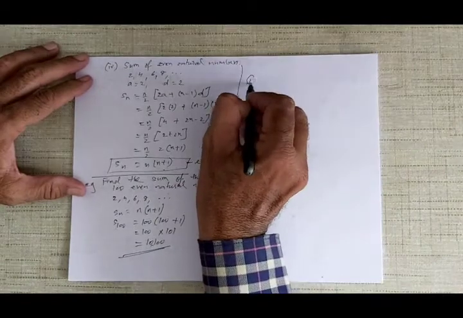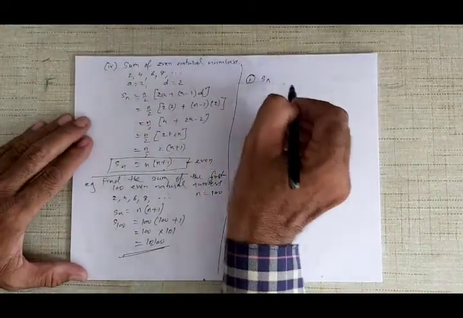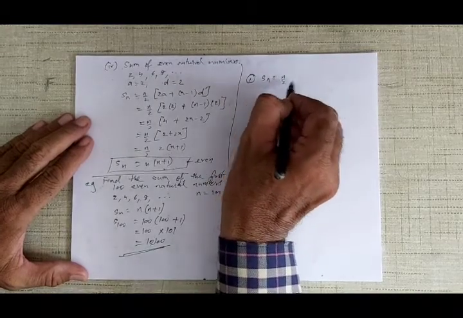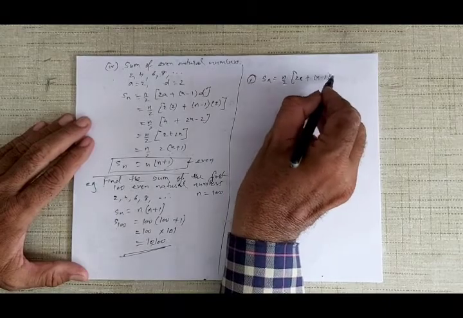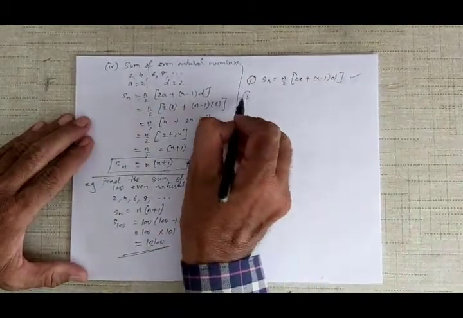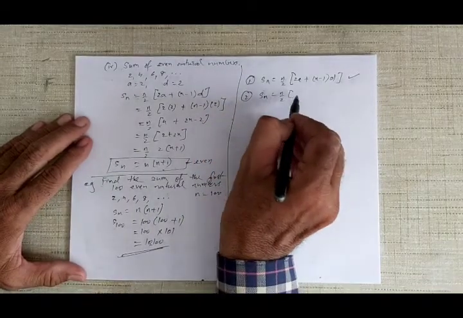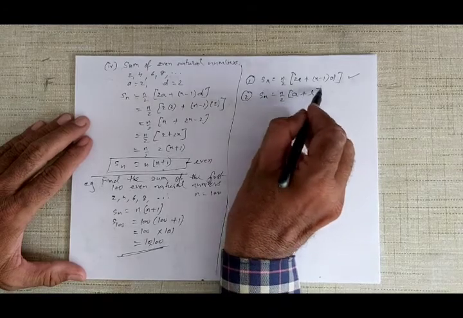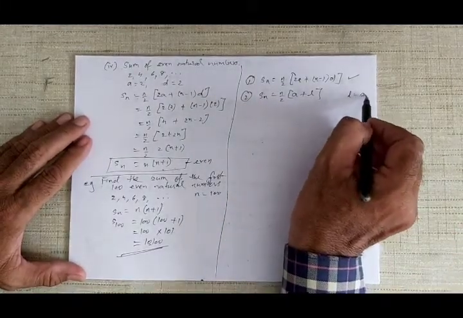See, the first formula for the sum of an AP: S of n is equal to n by 2 into bracket 2a plus n minus 1 into d. Alright, this is the first formula. You can also use the formula S of n is equal to n by 2 into bracket a plus l, where l is the last term, and the last term is given by a of n.